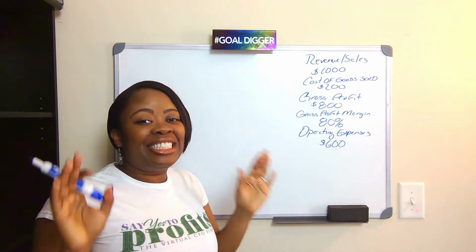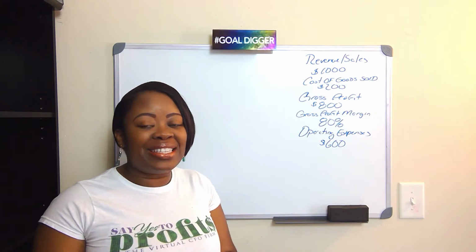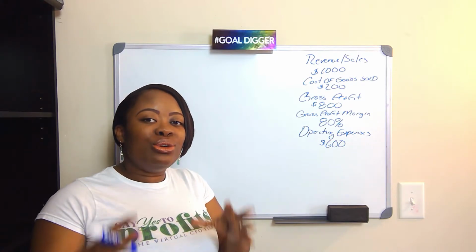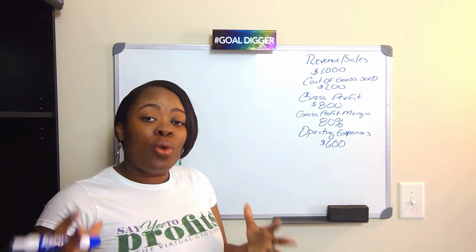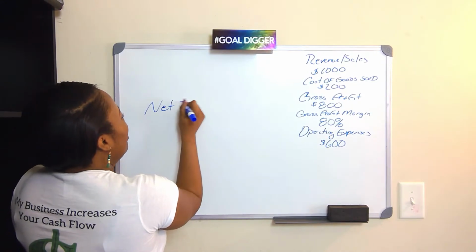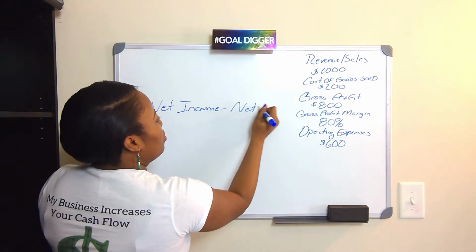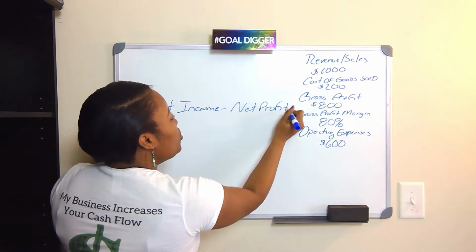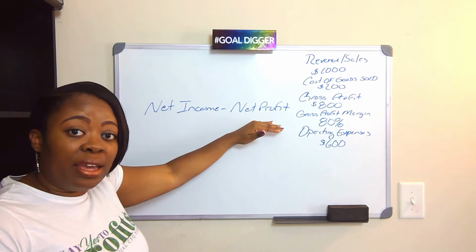So now we are getting down to the reason why you are in business. As a business owner, you solve problems for what? Profit. But profit is also called net income. And as you can see, these two names look the same in some ways.